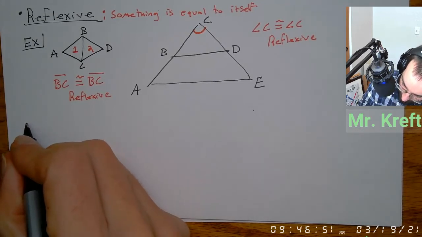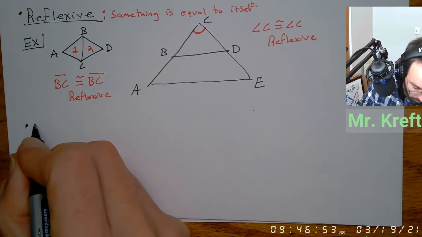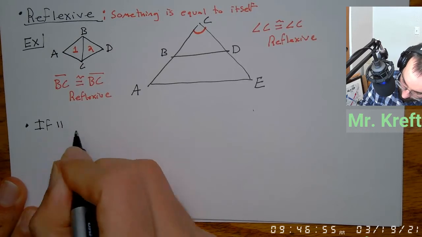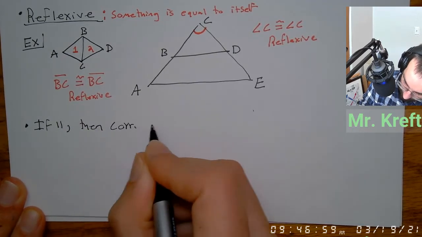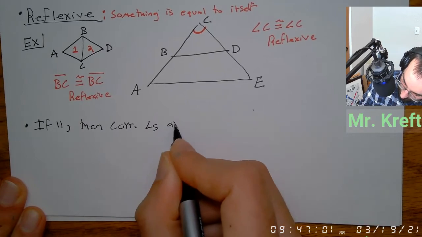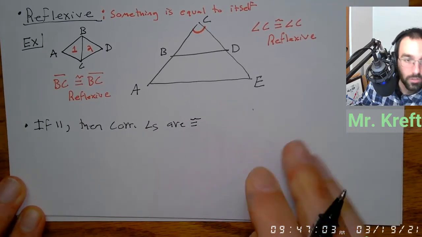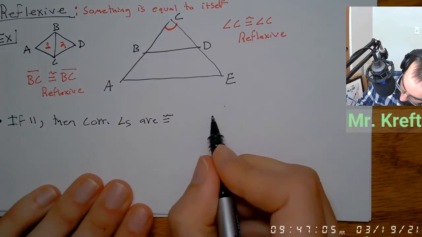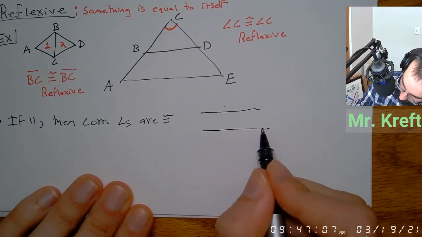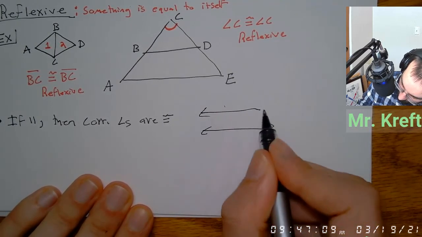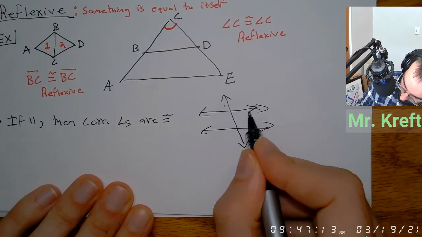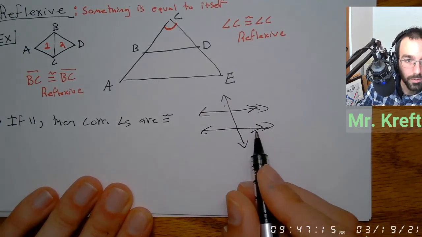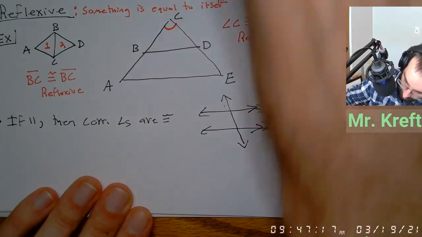Okay? So then we have all the parallel line stuff. So we have if parallel lines, then corresponding angles are congruent. So I'm going to go ahead and do a little example here. So I'm going to draw two lines that are parallel. I'm going to draw the transversal, and we know they're parallel because I'm going to put another little arrow there to make sure they're parallel.